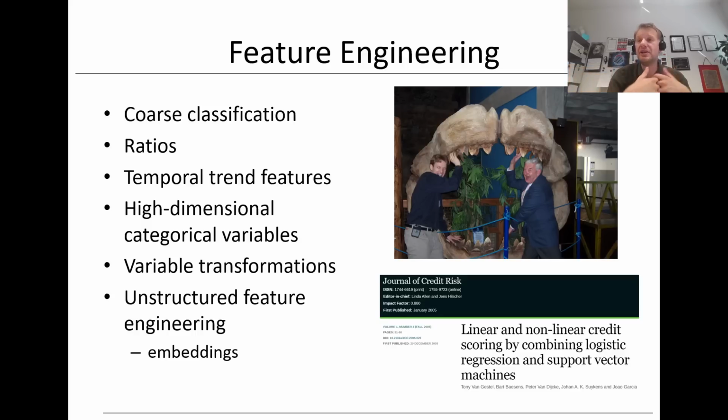That's all things that you can perfectly model using Johnson transformation, and that we have extensively used in our previous research, for example, in the paper that you see listed there at the bottom right in the Journal of Credit Risk on linear and nonlinear credit scoring by combining logistic regression and support vector machines.